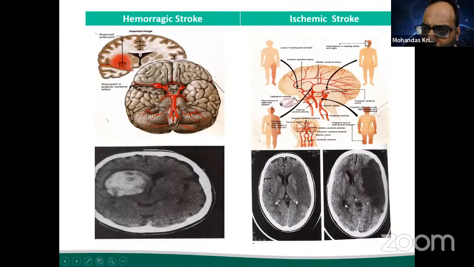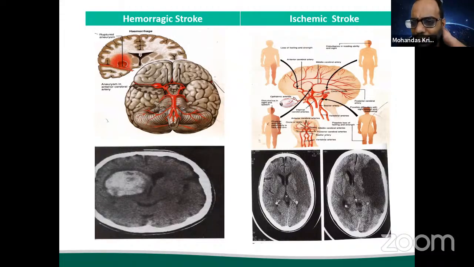What is written here? Disturbance in reading ability and sight.